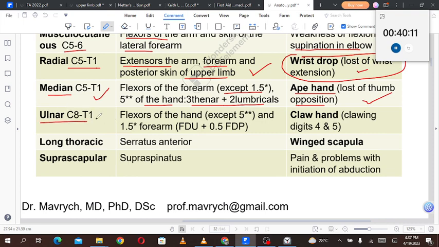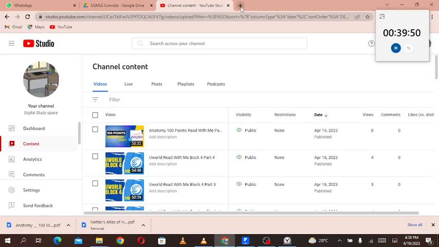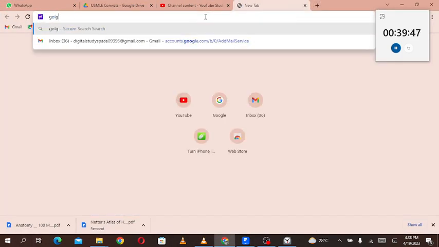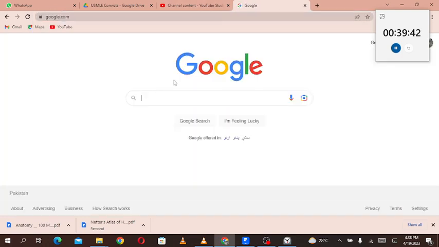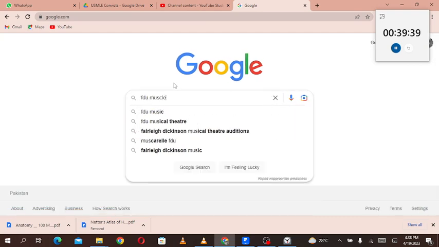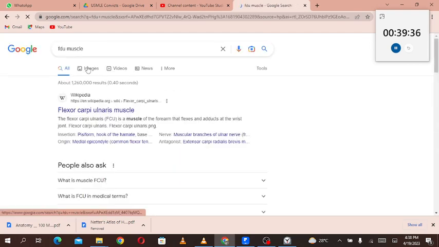The ulnar nerve, the root value is C8 to T1, is supplying the flexors of the hand except 1.5. In the forearm, that is flexor carpi ulnaris and half of flexor digitorum profundus. I said flexor digitorum ulnaris, but there is no such muscle.